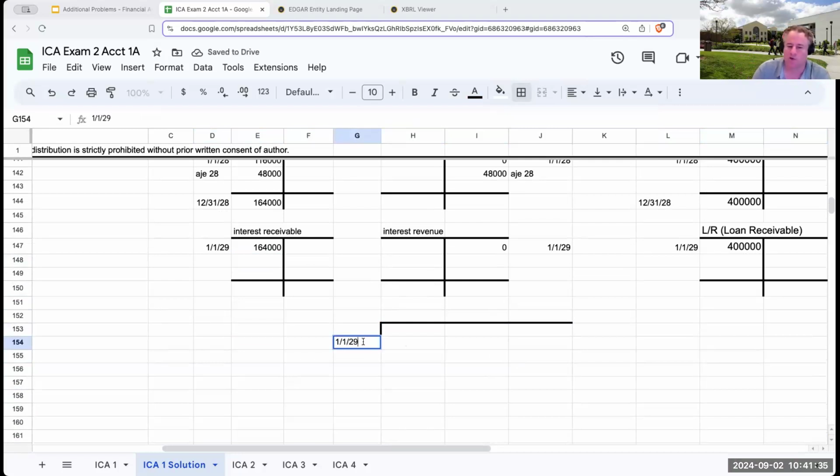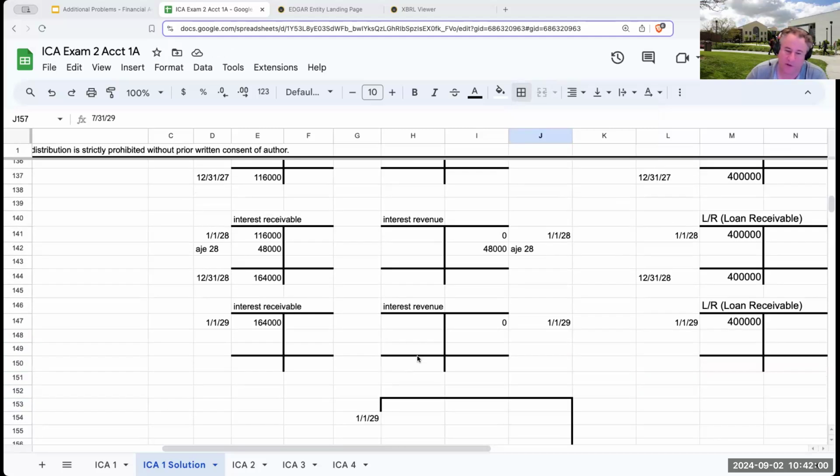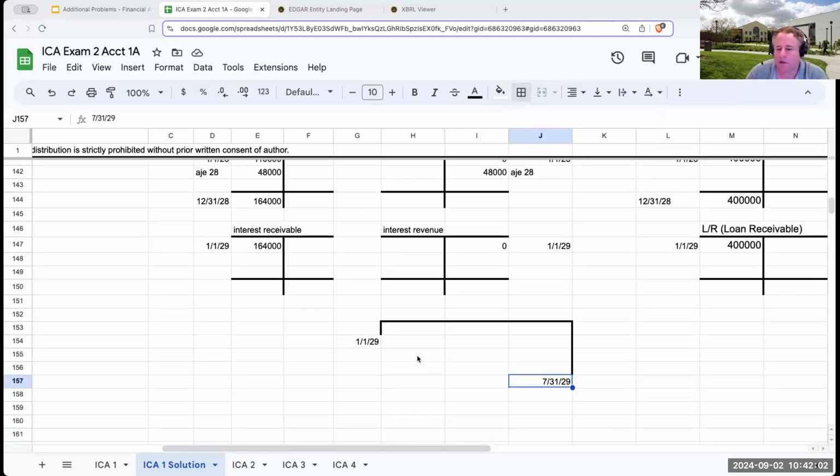This is 1/1/29. By the way, if you're taking my class, this is extra credit. I'm doing this to show you how these kinds of things work. It's important to understand it. So the loan is going to become due on 7/31/29. And if I receive a payment from PDX, we've got to go through and do a few things.